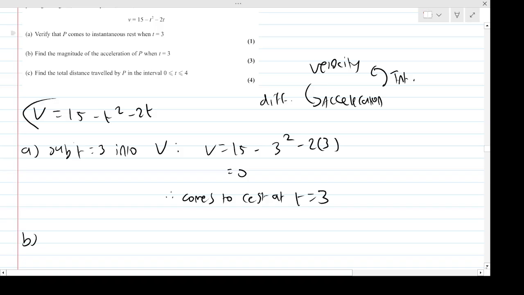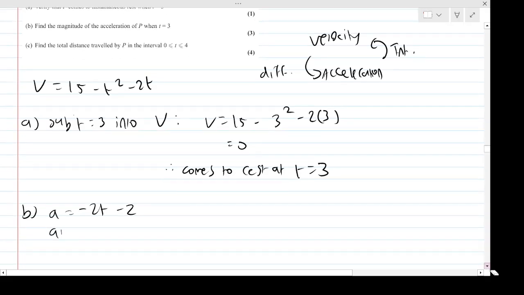So we just need to differentiate v here. Doing that, if we differentiate v, we get the acceleration to be, well, 15 goes to 0, then minus t squared goes to minus 2t, and then minus 2t goes to minus 2, and there we are. So then the acceleration when t is 3, I'll just sub t is 3 in, right?